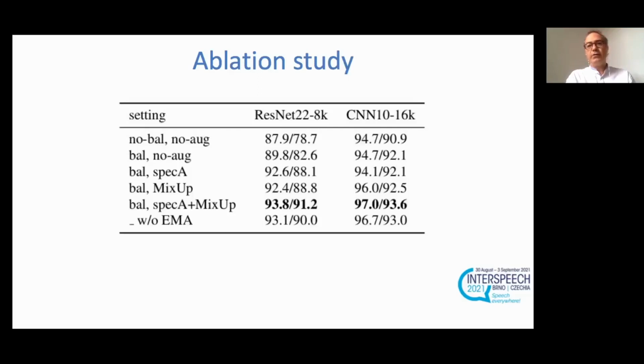The same without using the moving average of the weights. And the best configuration for both ResNet 22 and CNN10 was using a balanced sampler and the two augmentation techniques. The impact of each technique here is not so clear with the best model CNN10.